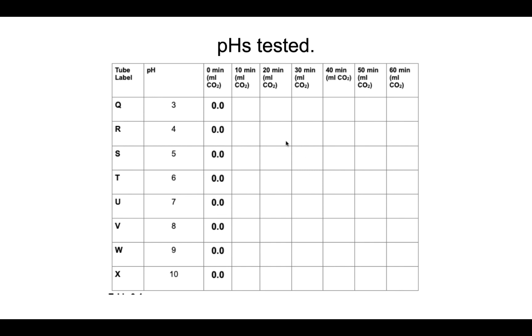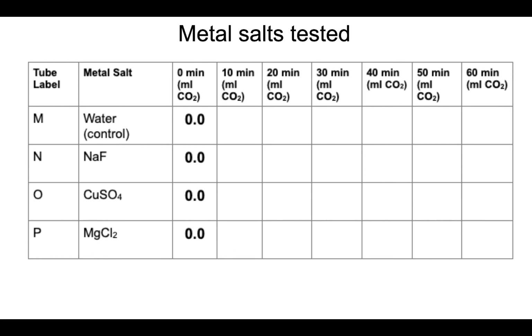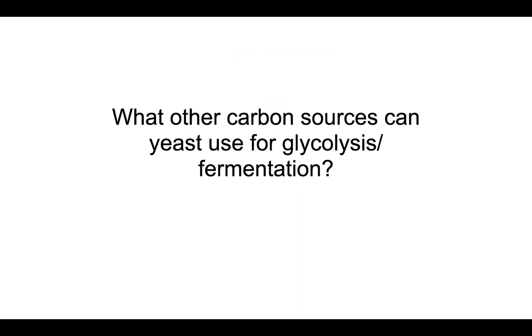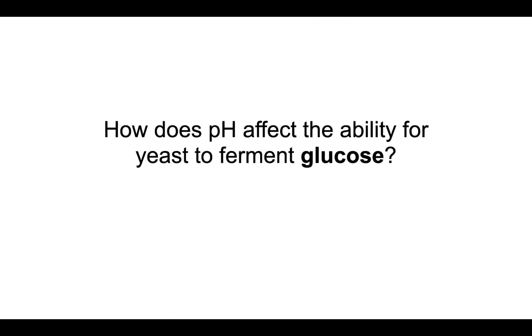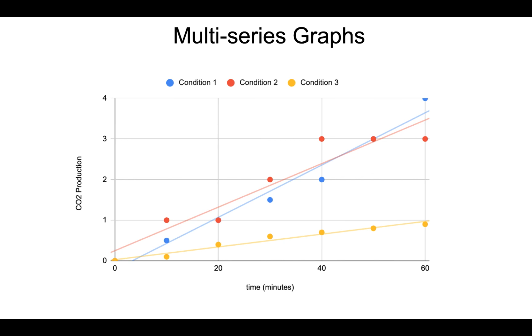Now, this data that you're generating with this table, with this table, with this table, and with this table, you are going to make 4 different multi-series graphs. And there's going to be a document that will teach you how to do that. But I just want to point out here, I want to make sure that you label your x-axis, that you label your y-axis. This is the CO2 production.